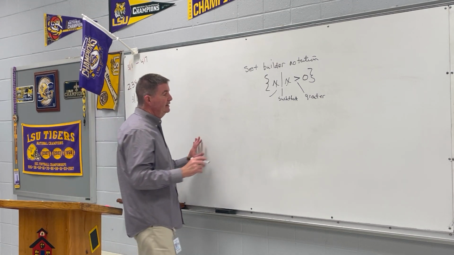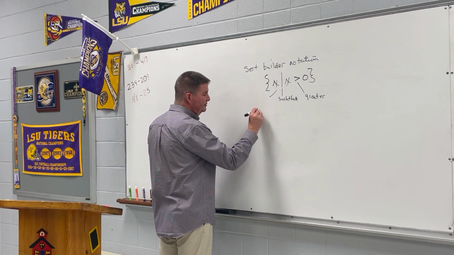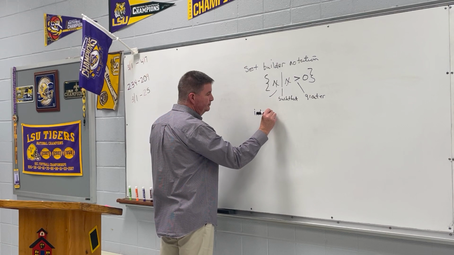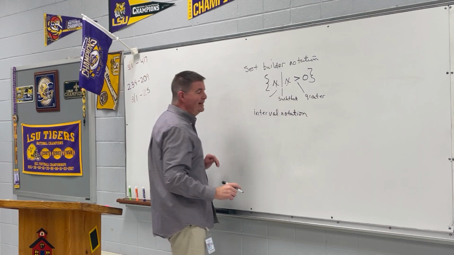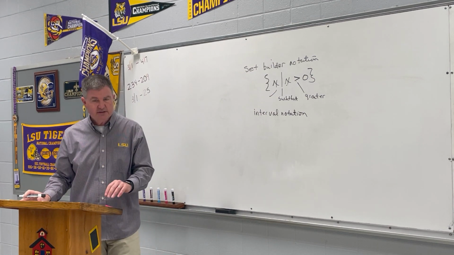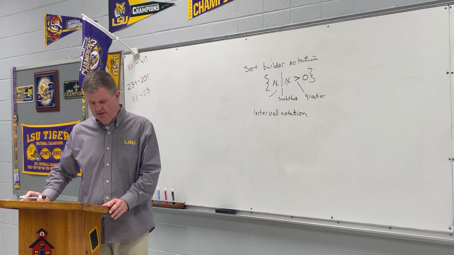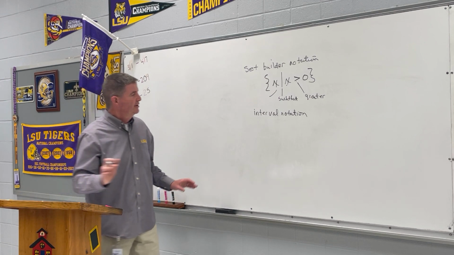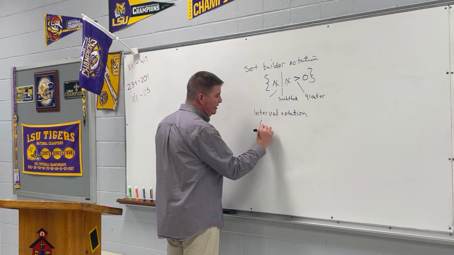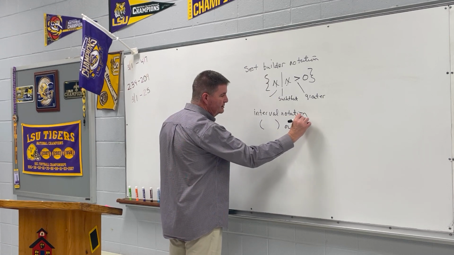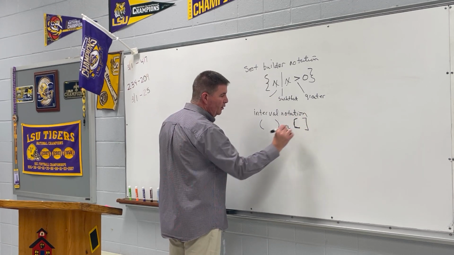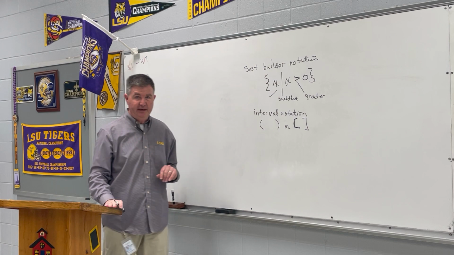Another way of writing is called interval notation. And interval notation kind of works off of what it would look like on a number line. Interval notation would be with parentheses or with brackets or with a combination of them.